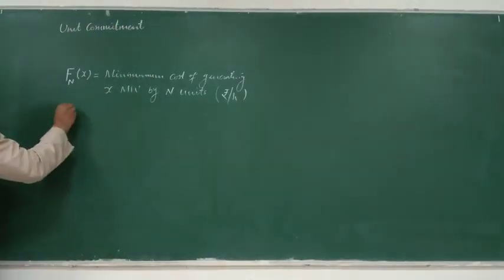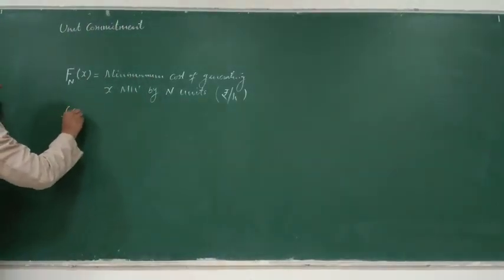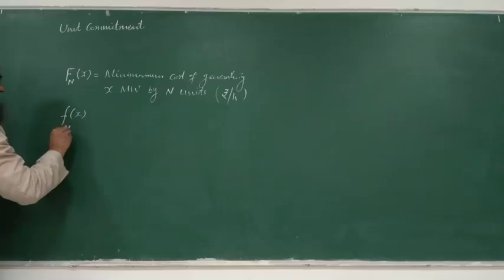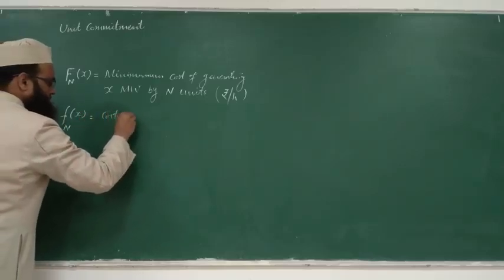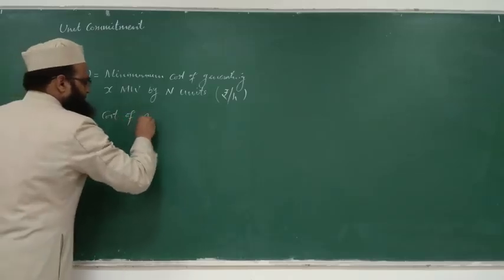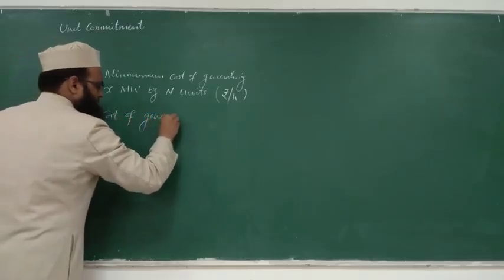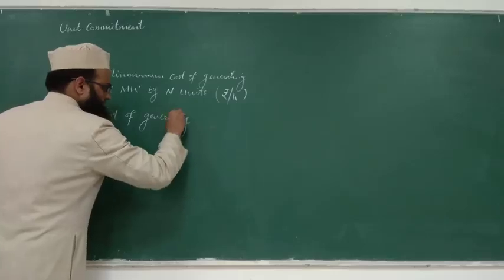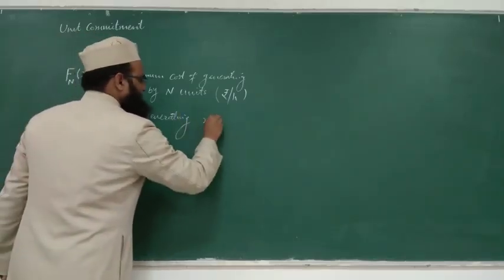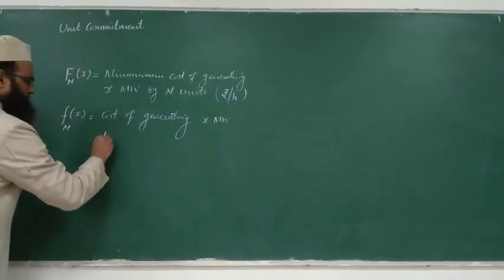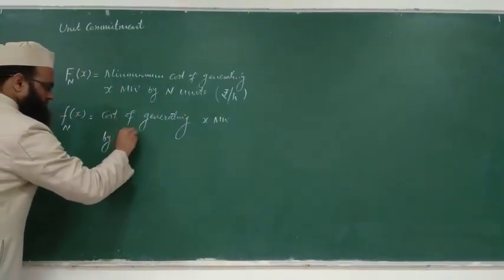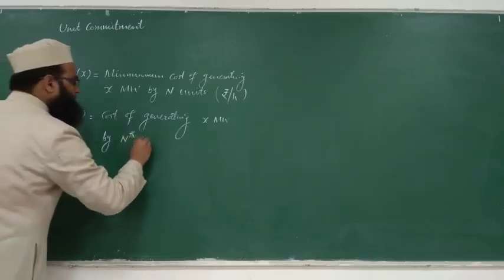And let us represent this by a small f_n(x): this is the cost of generating x megawatt by the nth unit.